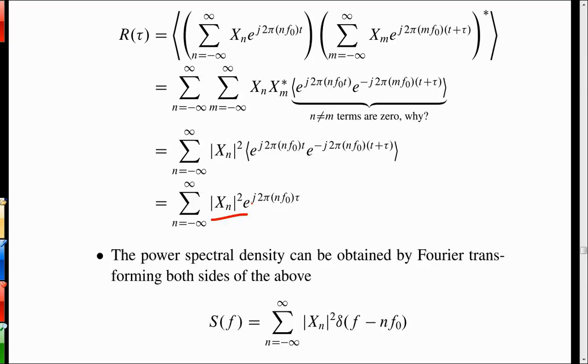And so if I Fourier transform that on both sides, I get the spectrum, and the magnitude squared is the power spectrum, magnitude squared of xn of f.